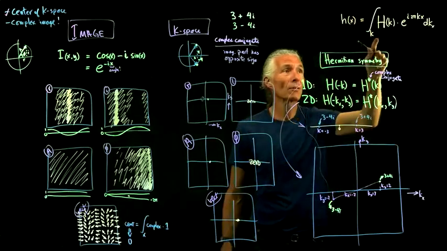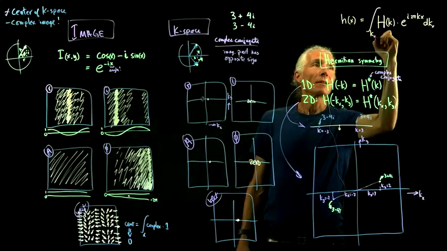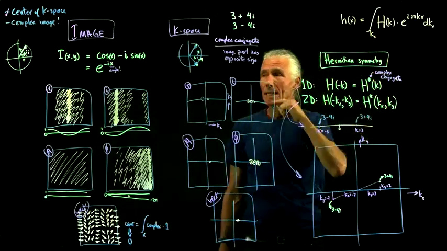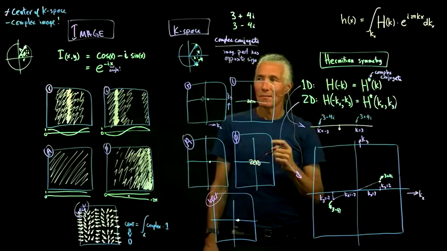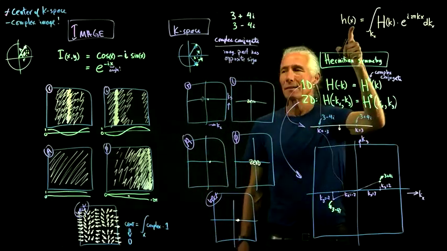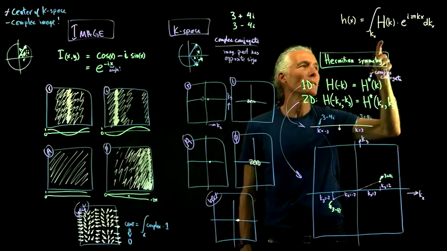So we're summing across all spatial frequencies, all kx's, in order to get a single voxel, single point. So a single point is a sum across all spatial frequencies.